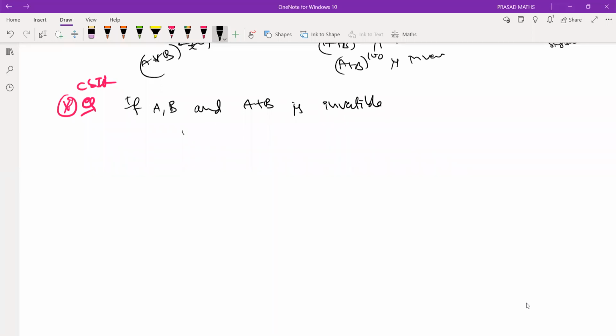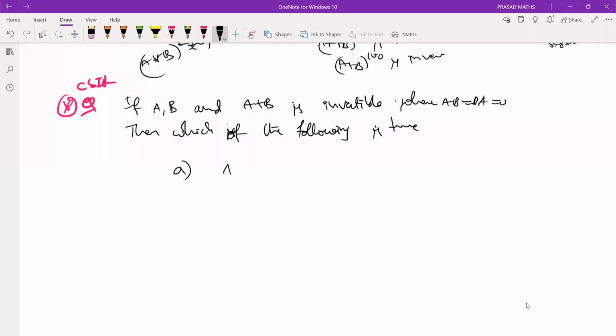Invertible and where AB = BA = 0, then which of the following is true? Answer A: A minus B is invertible. Answer B: (A plus B) whole power n is equal to (A minus B) whole power n, where n is an even integer.